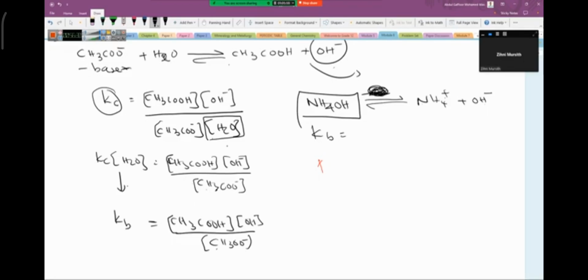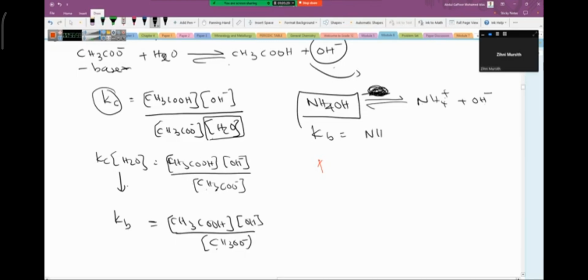If we add water, water will dissociate into H plus and OH minus, and H plus will attract the vulnerable species, and OH minus attracts the vulnerable species. That's all. But if you omit H2O, it is also okay. For our convenience we are writing this way because we have to make a relationship between Kw, Ka and Kb.